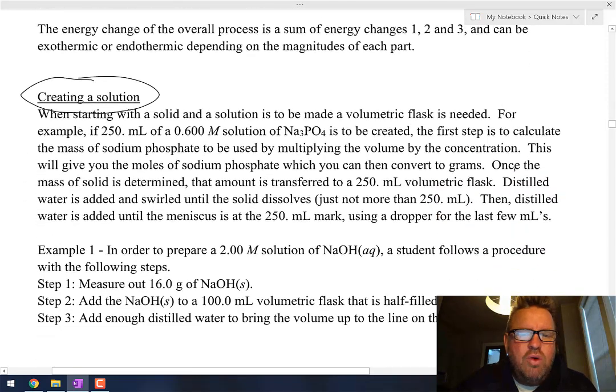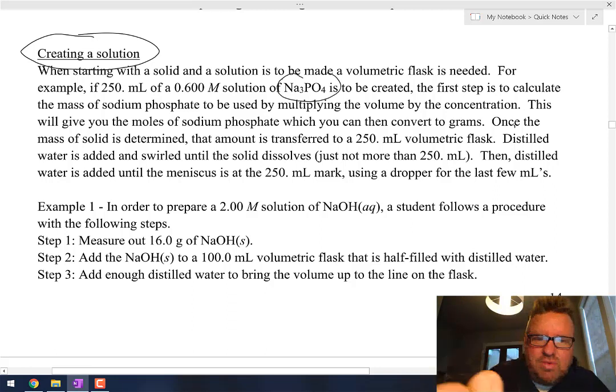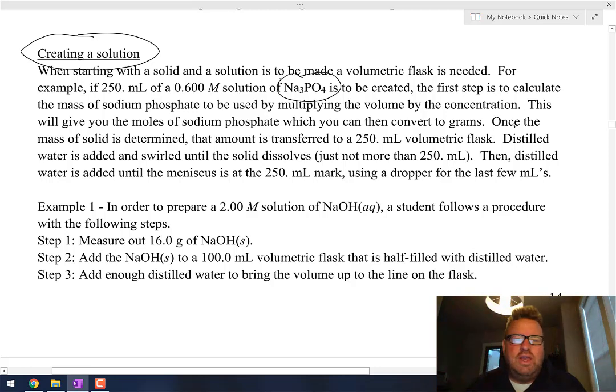When you make a solution, whether we're talking about putting sugar in water or anything else, the first thing you have to figure out is how much of that sugar, or in this case Na3PO4, you're going to need.